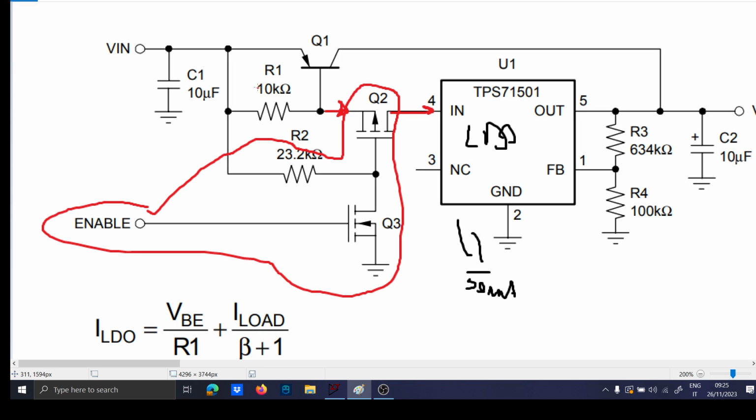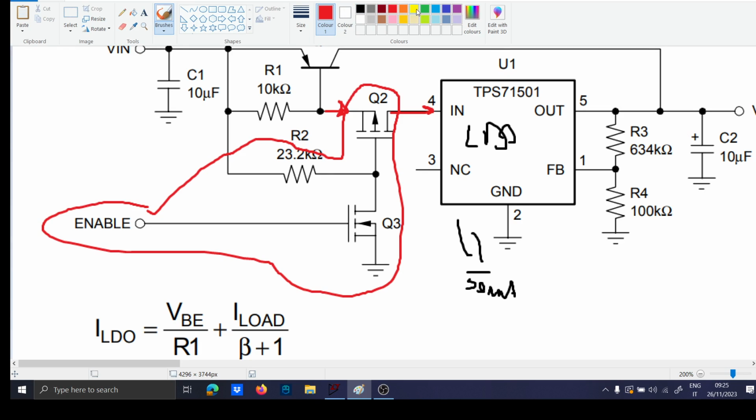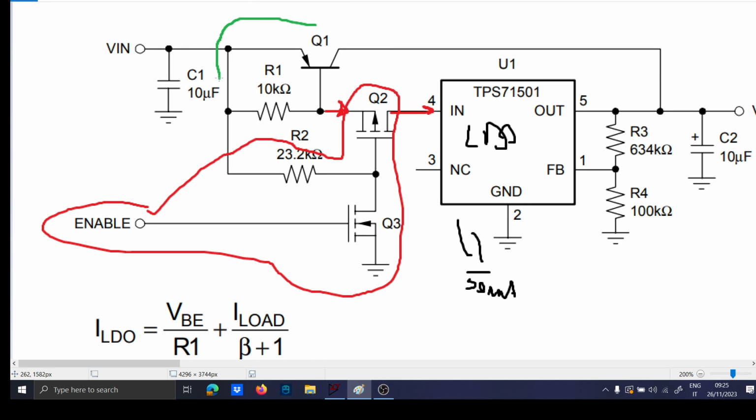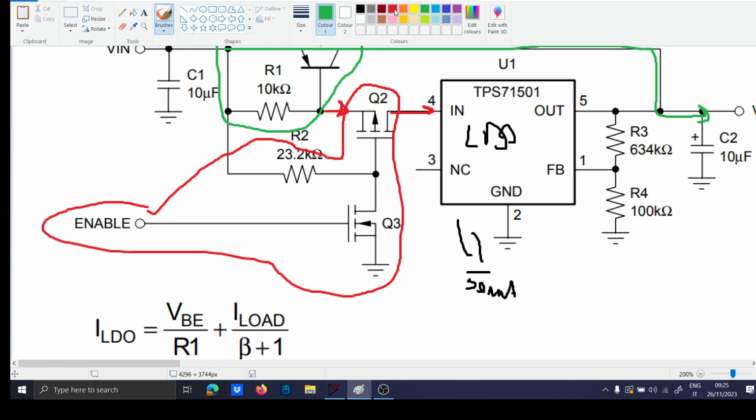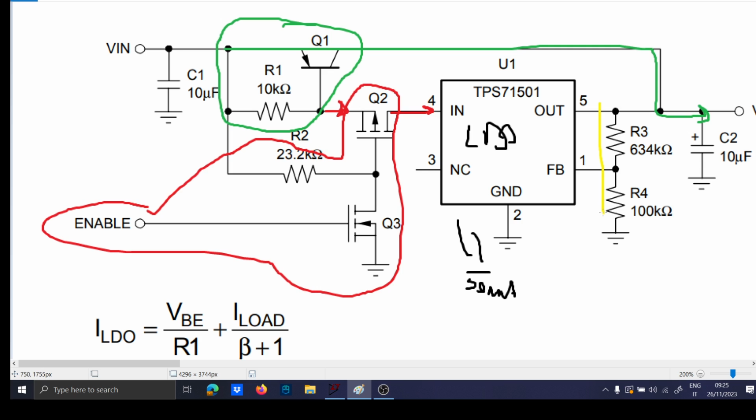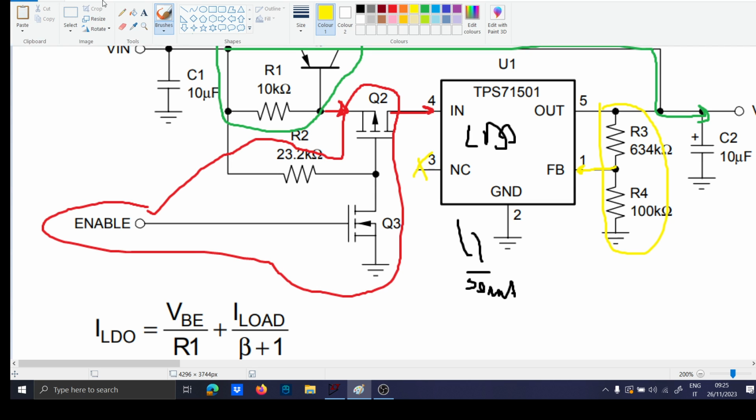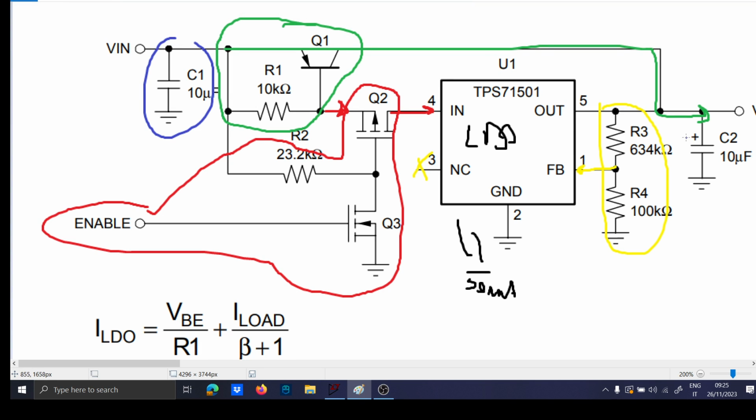And then this transistor, plus the resistor R1, enhances the current capability of your low dropout regulator. Then this, of course, is the feedback net which sets the voltage. This is no connect, so we don't care. And of course, this is the input and the output capacitance as well.